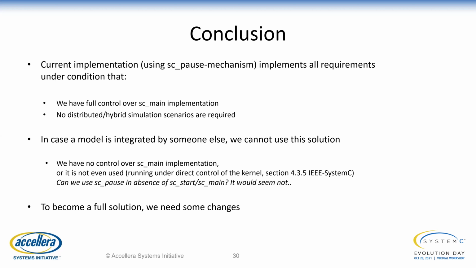So in that case, because SC start and SC main are absent, we cannot use SC pause. So we would need some changes in SystemC, I would presume, unless I have overlooked something completely.